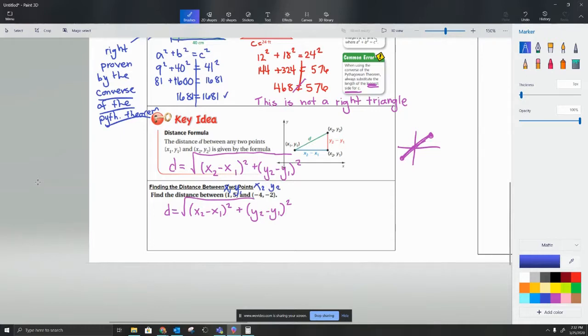So x2, in this case, I'm going to run a space vertically here. So x2 is going to be -4. The minus comes from the formula, and then x1 is 1, and then we're squaring that. And then we have y2, which is -2.